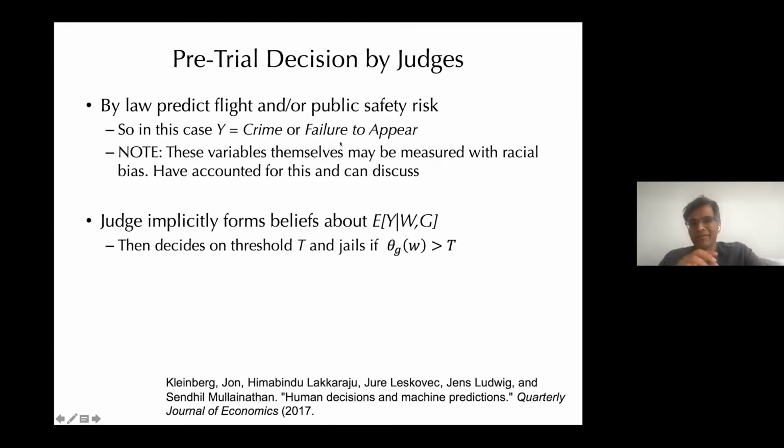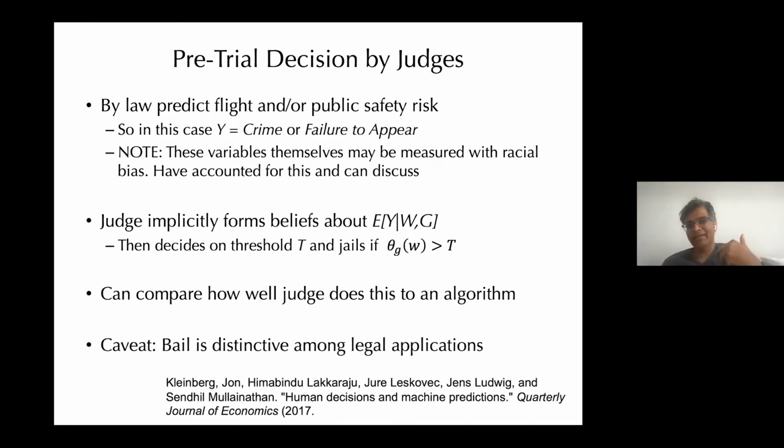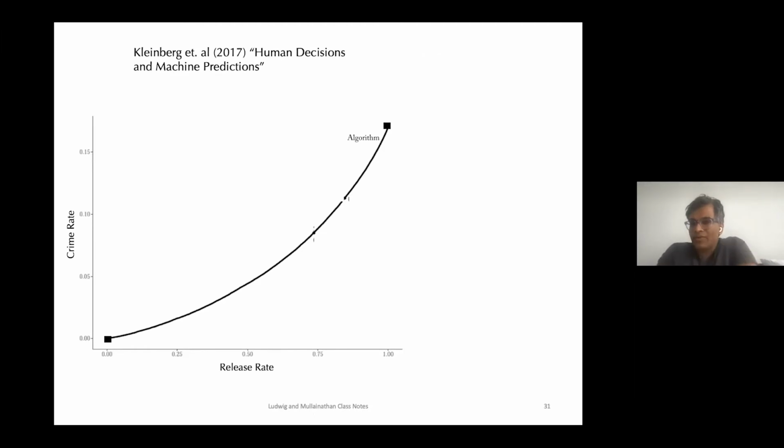What's going to happen is the judge implicitly forms a belief about Y and then decides on a threshold and jails if their perceived risk is higher than that threshold. That's the model. That's why it's a decision predicated on a prediction. And what we want to do is compare how well this judge does to an algorithm. Since it's such a clear-cut prediction task, you build an algorithm to form the same prediction, and you ask how well the algorithm does.